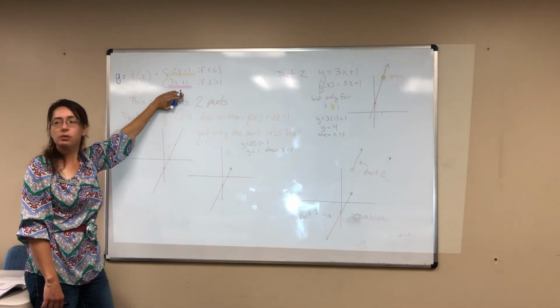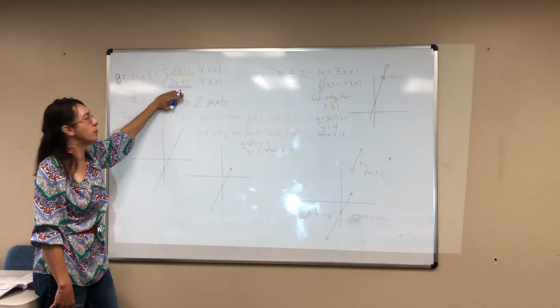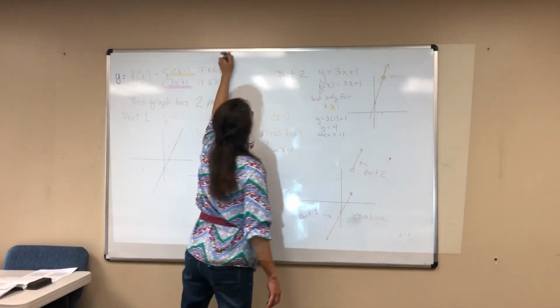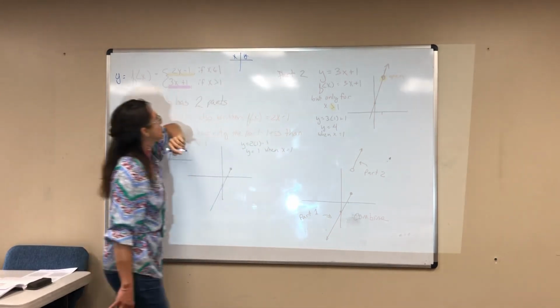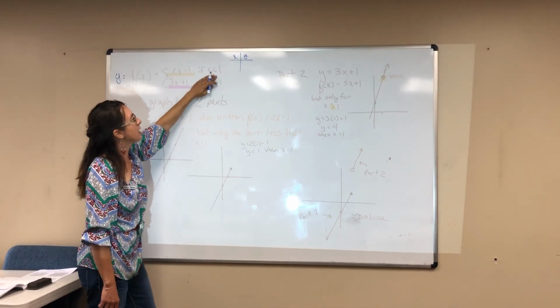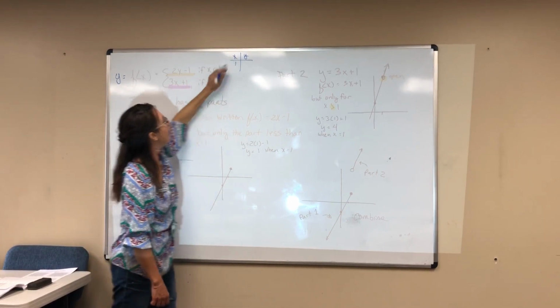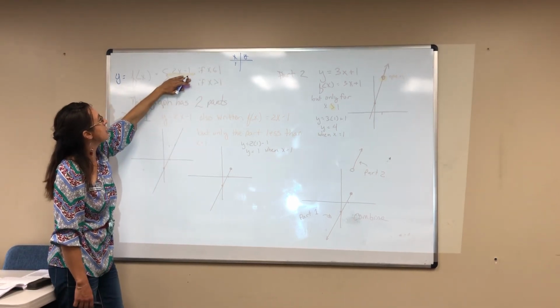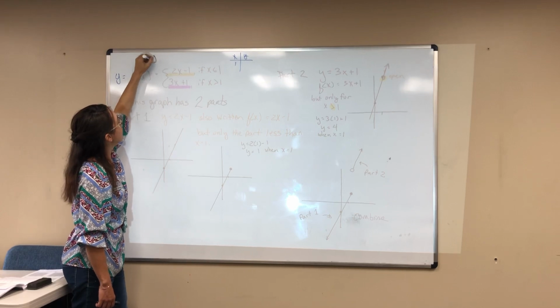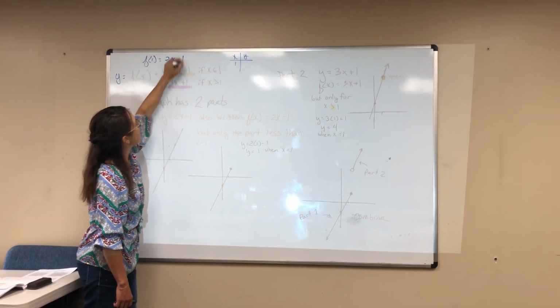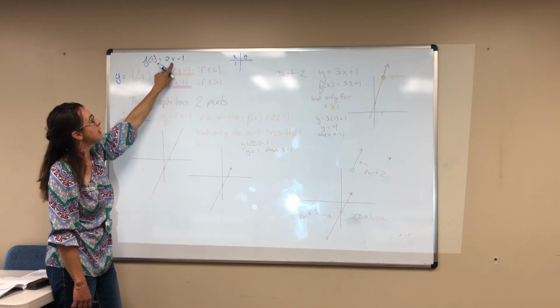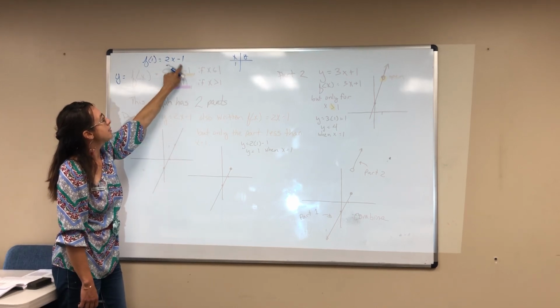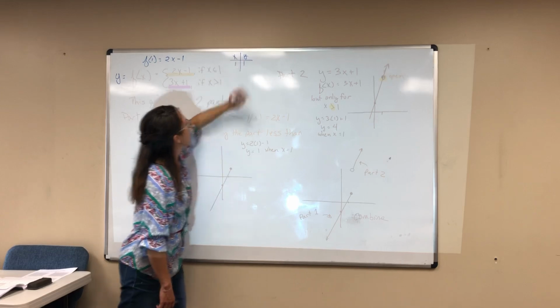So let's see what that would look like if we were to actually plot some coordinate points. We'll do our little t-chart. I'm going to pick values. If I pick 1, then I'm going to plug 1 into here. So f of 1 is equal to 2x minus 1. This tells me wherever I see my variable, plug it in. 2 times 1 minus 1 gives me 1.